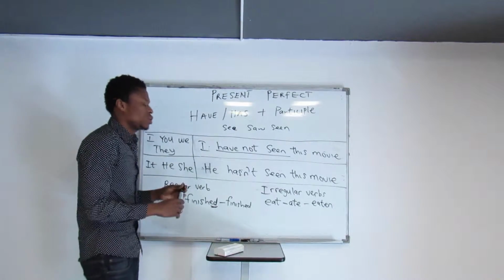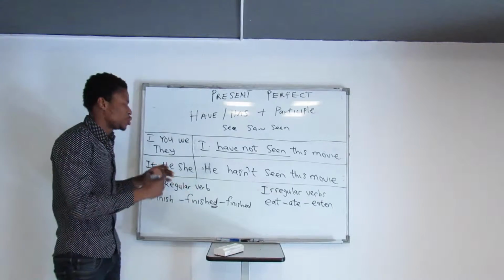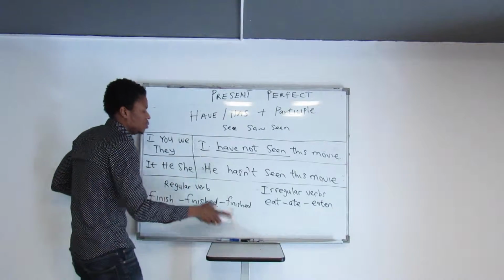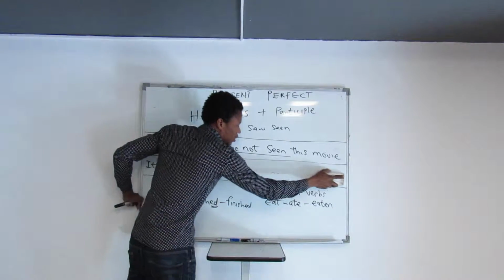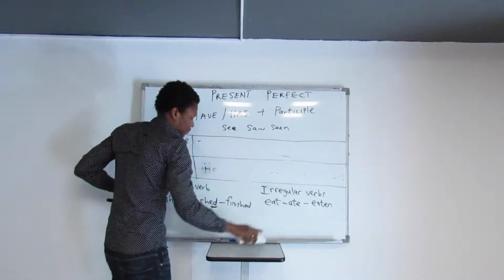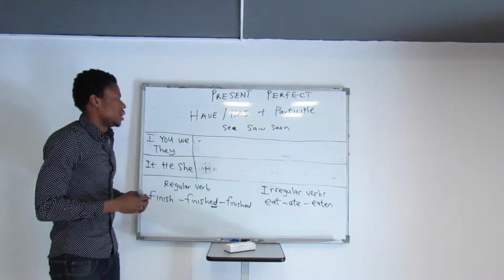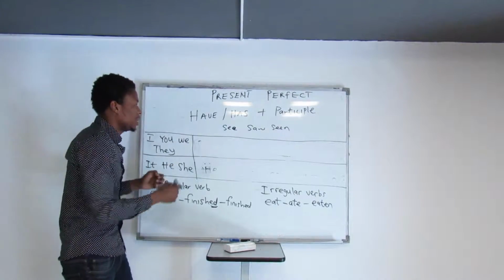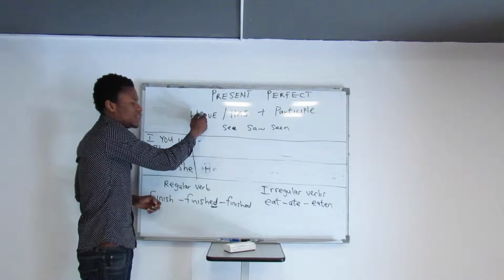Now the last one we will talk about in terms of the structure of present perfect would be questions. How do you make a question with present perfect? Alright, this is what we're going to do. The basic rule of grammar, when you want to make a question, you need to have this one first.